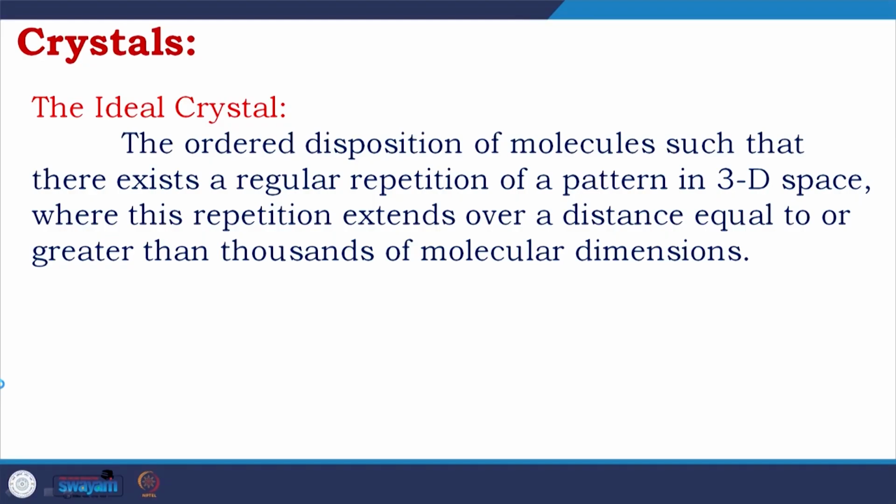First, let us define an ideal crystal. An ideal crystal is the ordered deposition of molecules such that there exists a regular repetition of a pattern in 3D space, where this repetition extends over a distance equal to or greater than 1000 of molecular dimension.